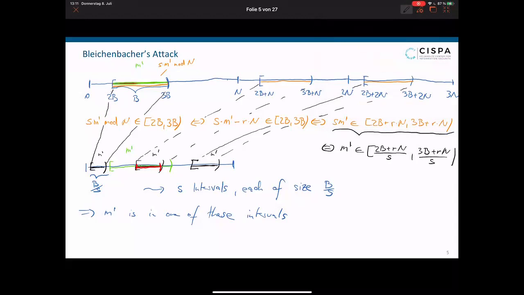Good. So M prime must be in one of these scaled down intervals. I think the picture where we really scale down these intervals captures what's happening there.